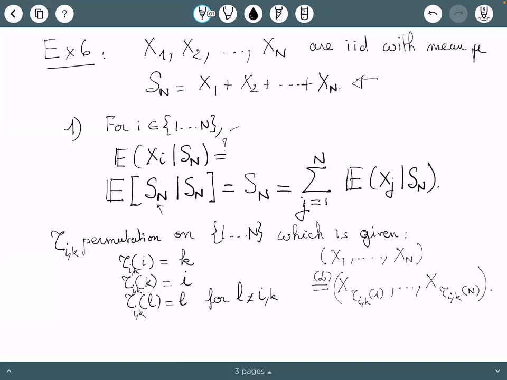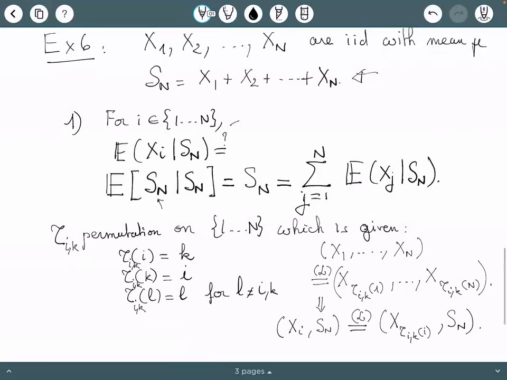Okay, so here there is the same law, so this implies that (xi, Sn) has the same law as (x_tau_ik(i), Sn), because when you permute the coordinates of Sn, you don't modify Sn.